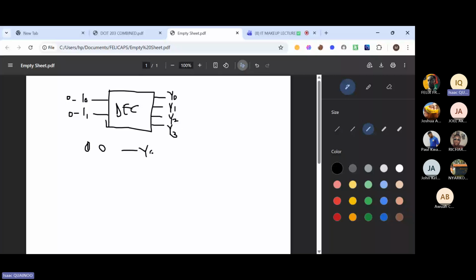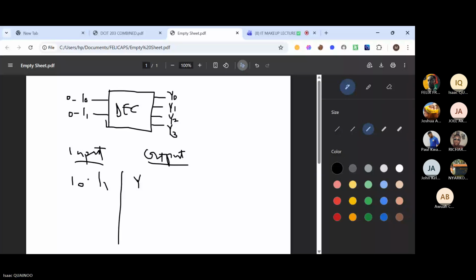So let's do that properly. We have inputs here, and then we have outputs at the right side. Under our input, we call it I0 and I1 because in the diagram you can see I0 and I1, and our output is Y. So if our input is 0, 0, then Y0 will be selected.